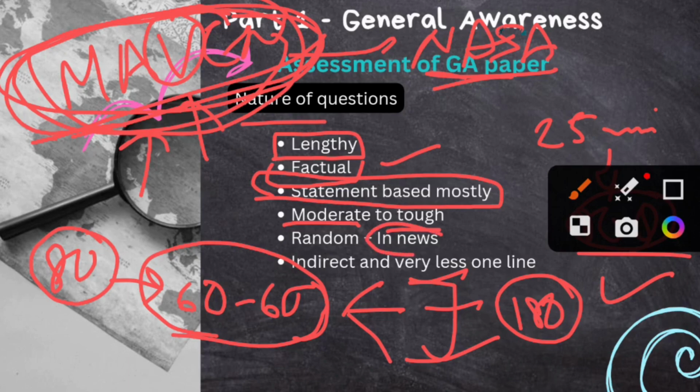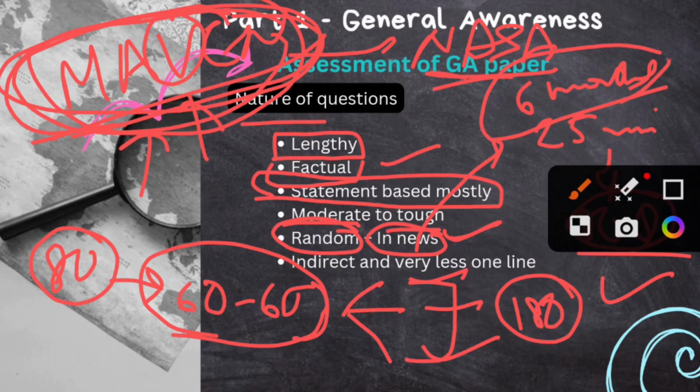Then broadly, I have classified the questions as either in news or random. What do I mean by in news? Something which has been in the news till 6 months before the examination. Anything beyond that, I would say is random.